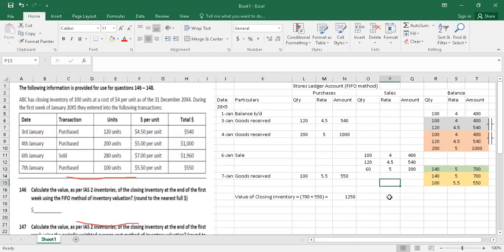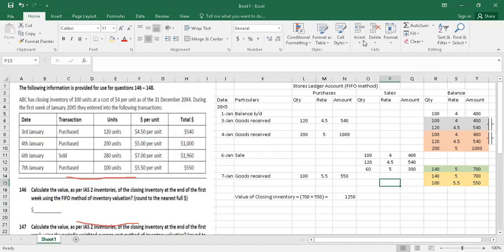Some of them take a simple average, 4 plus 4.5 plus 5 divided by 3, which gives an average value, and that price will be used to issue 280 units. That is simple average. But another, most reliable method is the weighted average method.